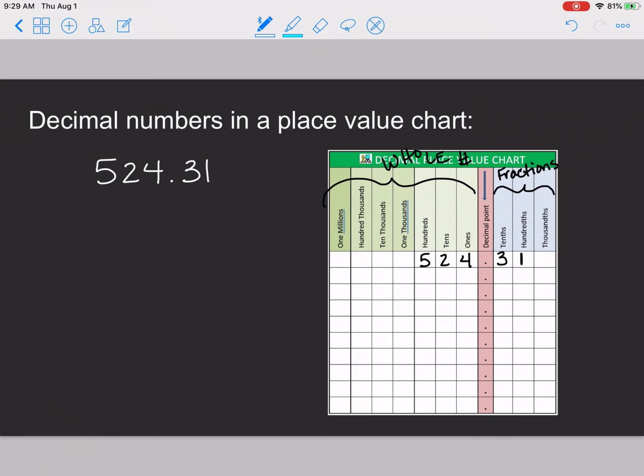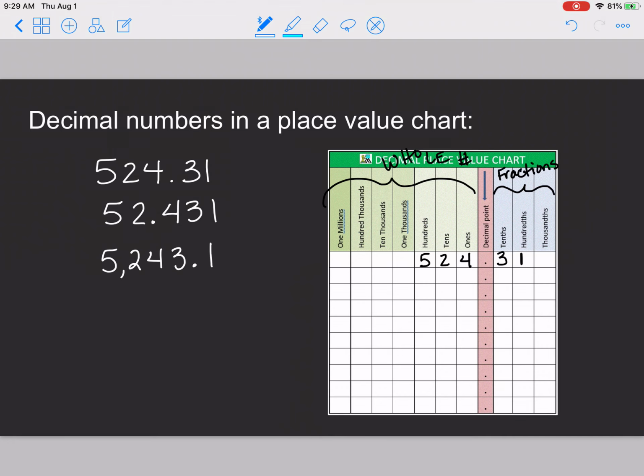So I'm going to write out a couple of other numbers, and I'm going to make it a little challenging because I'm not going to line these decimals up. I'm just going to use some numbers.